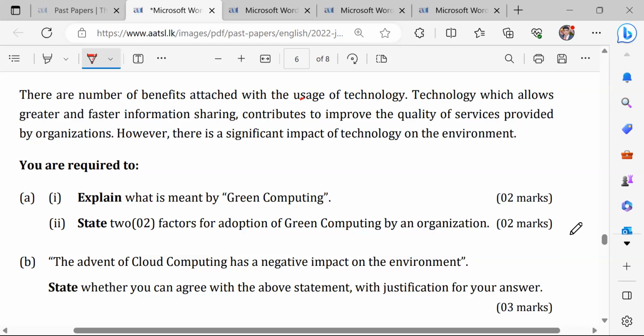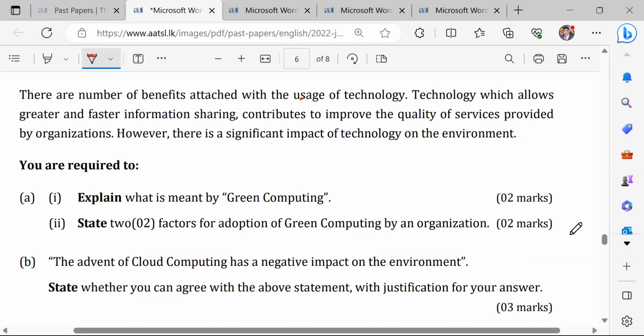As an example, I have explained one called virtualization, right? Then there is also the practice to save power and to minimize carbon emission, right? There is higher carbon, especially in the server context, right?